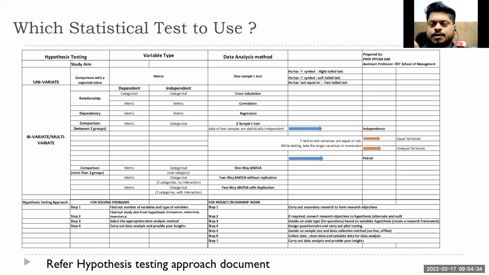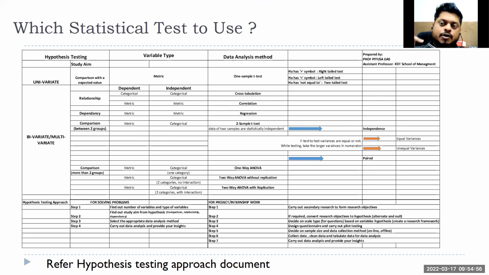I have shared one PDF document, if you open this, what kind of data analysis method is utilized depends upon how I have collected data, or the variables I'm collecting data on, which format they have. Categorical means nominal, ordinal. Metric or continuous means interval or ratio scale.